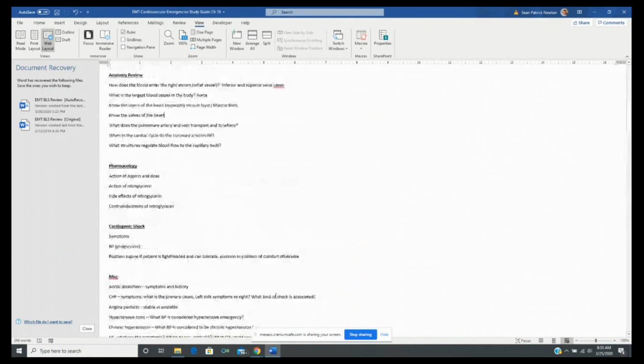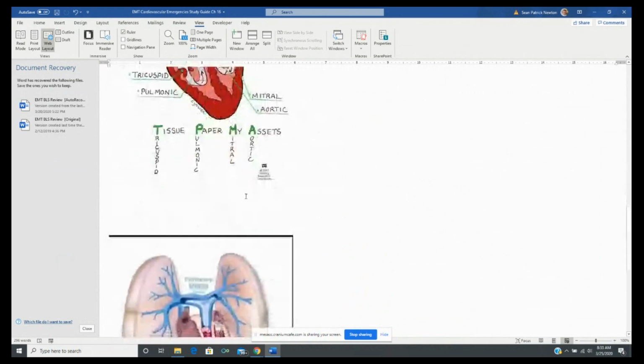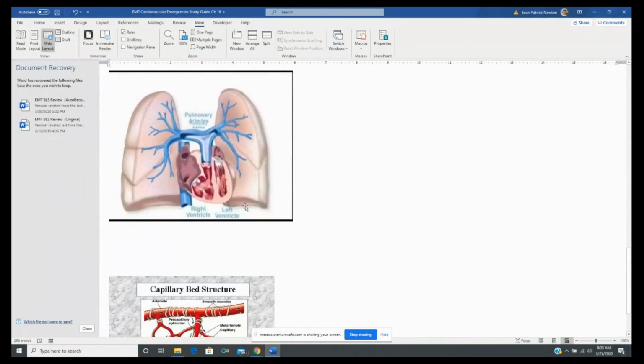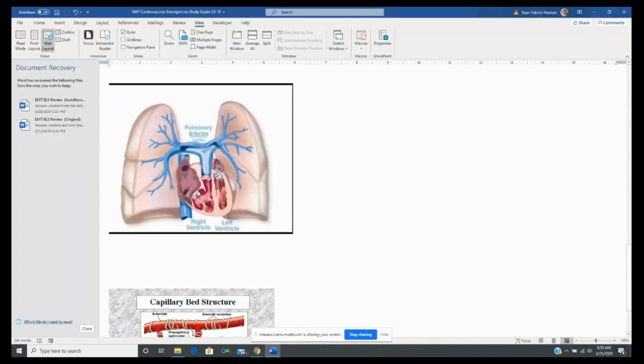Okay, let's go back up to our study guide, so you know the valves of the heart. What does the pulmonary artery and vein transport and to where? Okay, so this is really important. Here is a nice picture, this is coming from the right ventricle. We have our pulmonary artery. Remember, the pulmonary artery is the only artery in the body that carries deoxygenated blood.